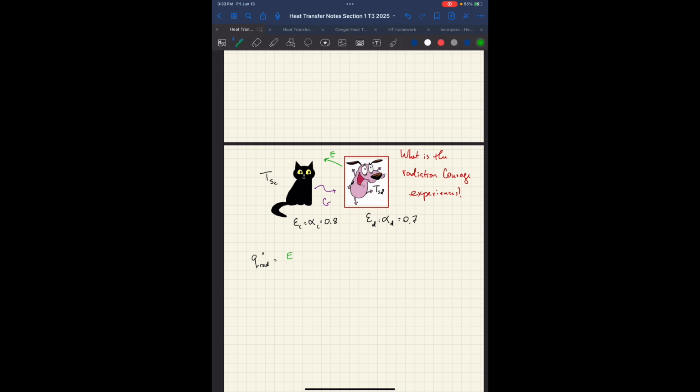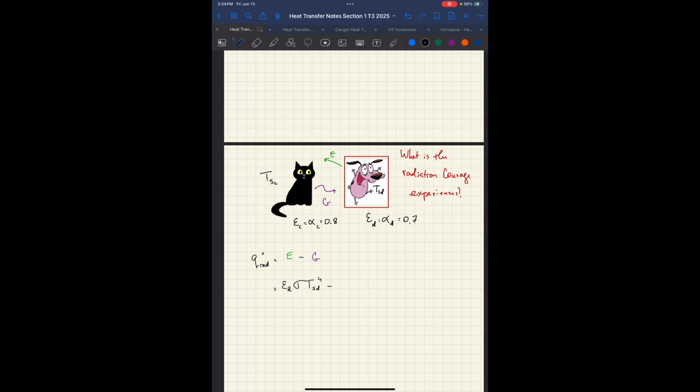So it's emitted minus absorbed. Courage, if he were a perfect black body, would be sigma T_D to the fourth power, where T_D is the surface temperature of the dog. But he's not perfect, so we have epsilon there. Okay? So that's what Courage is emitting.